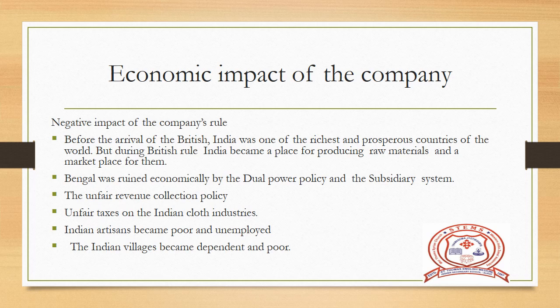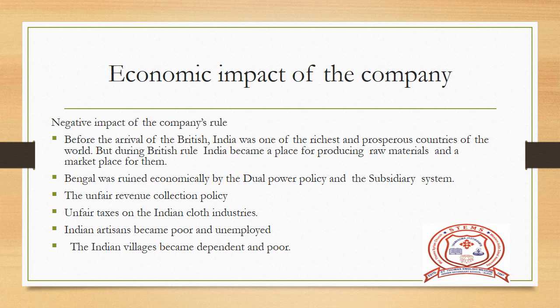Now we learn about the economic impact of the company's rule. British rule in India produced both positive as well as negative impact. On looking and analyzing the 100 years of company's rule, we can say that before the arrival of the British, India was one of the richest and prosperous countries of the world.